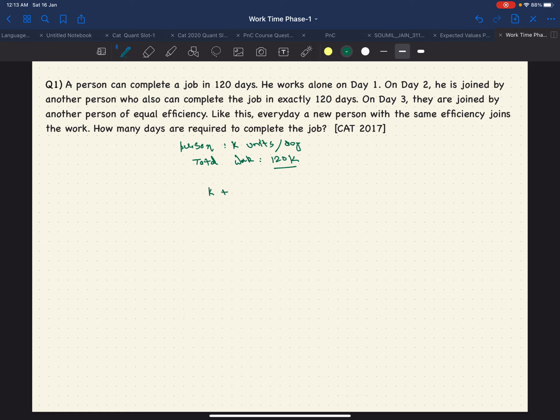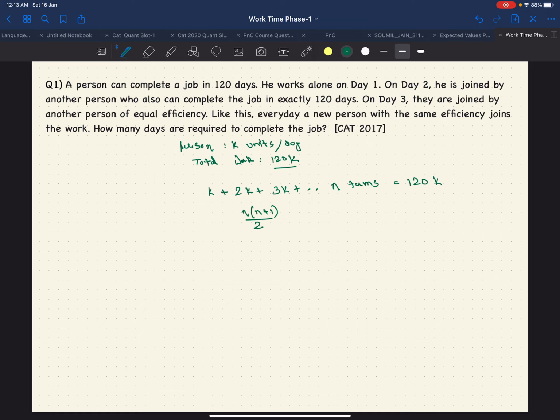So basically in total n days, what will be the total work done? k plus 2k plus 3k, n terms. Now how many days are required to complete the job? So this should be equal to 120. That is the total work. So we have to find n here.